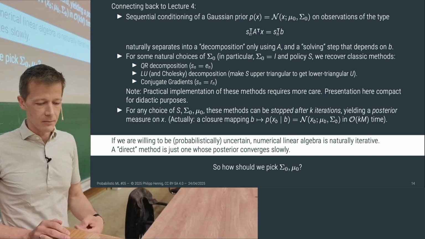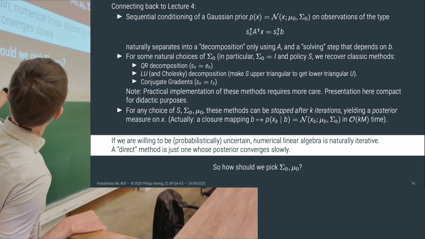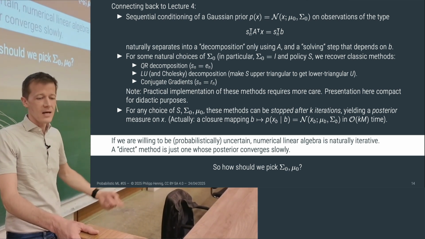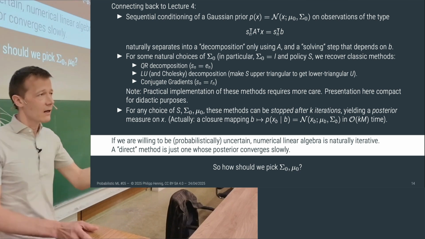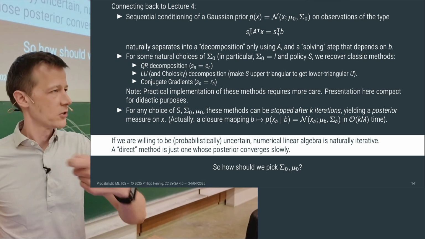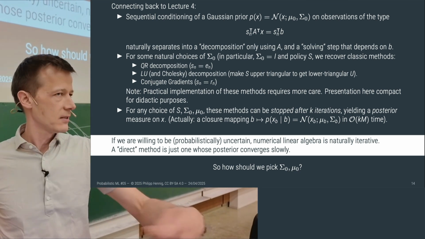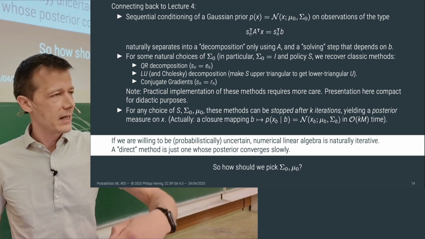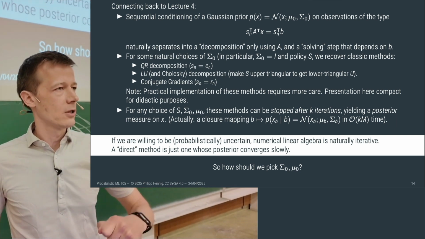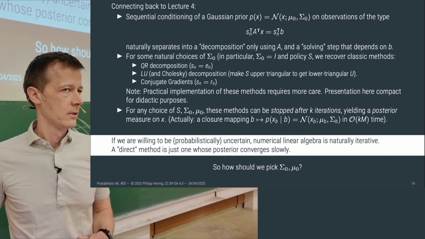Solving a linear system of the type A transpose times x is equal to b, solving that for x, is a form of Gaussian inference. And the algorithms used for that, like the QR decomposition, the Cholesky decomposition, the LU decomposition, and so on and so on, they all are different strategies for collecting linear Gaussian observations of x.